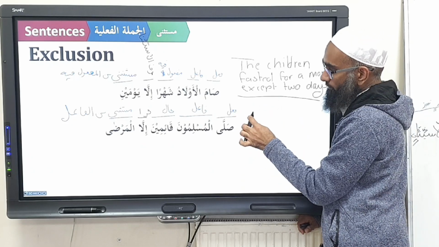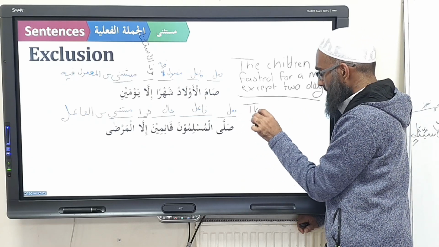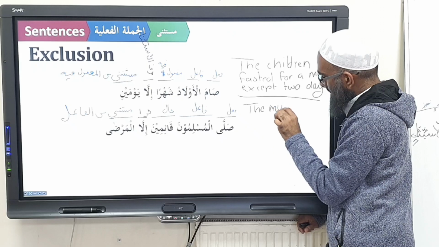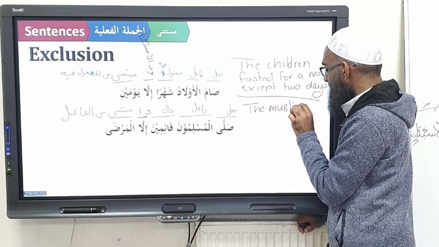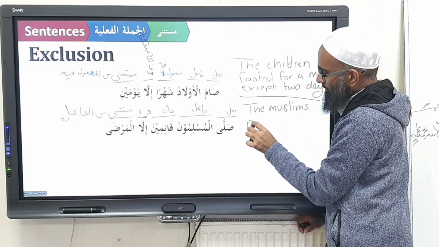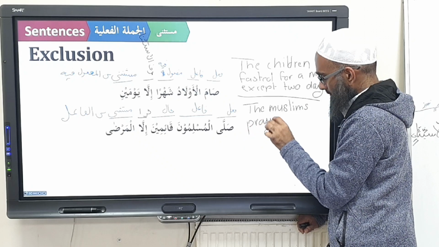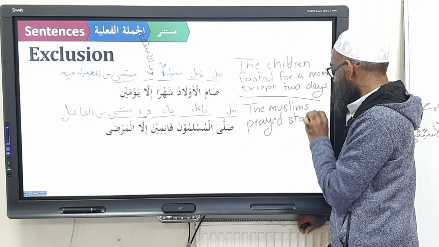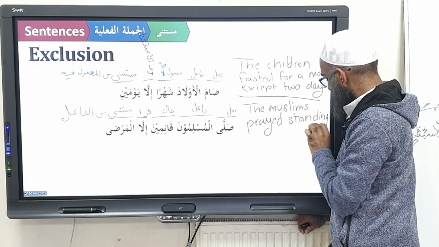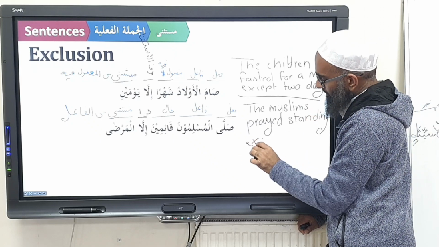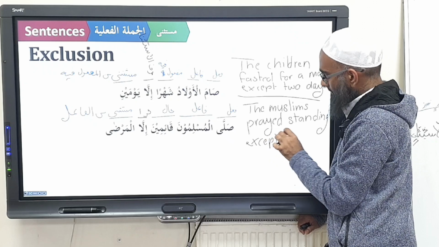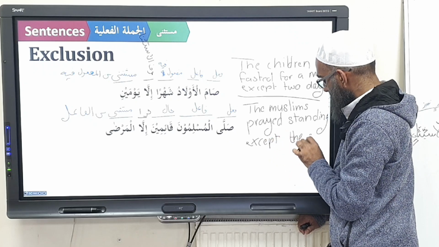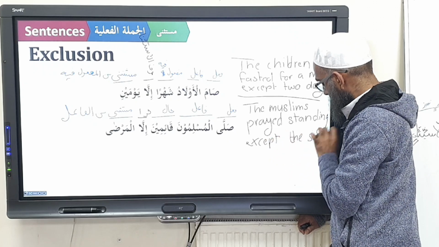Your turn. The Muslims prayed standing up. The Muslims prayed, in what condition? Standing. Except the sick people. Except the sick.